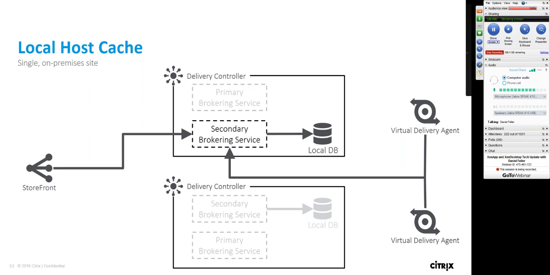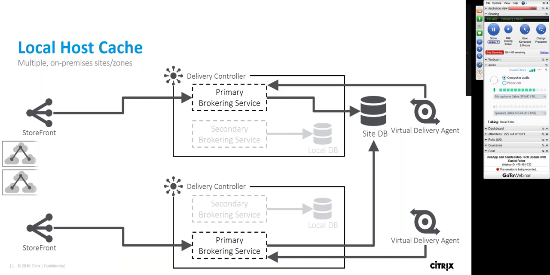So if I have 3 delivery controllers, that one now has to have enough resources to support all of the VDAs re-registering with it. So when you design the environment, if you're going to use localhost cache, you need to make sure that the delivery controller that comes first alphabetically has enough resources to manage that extra load.